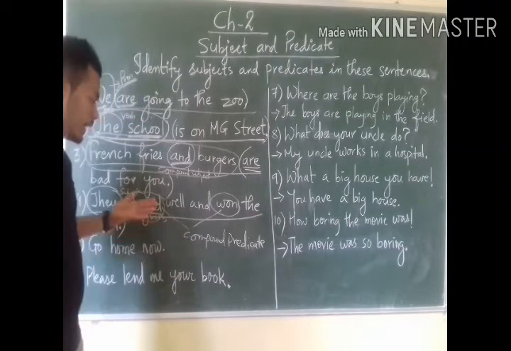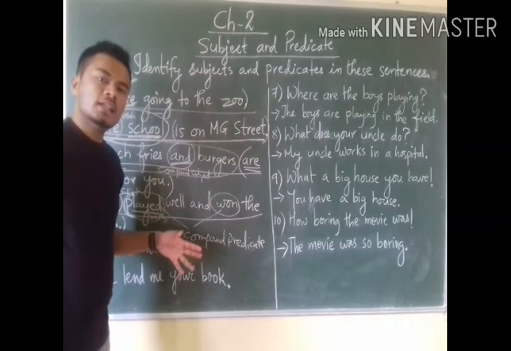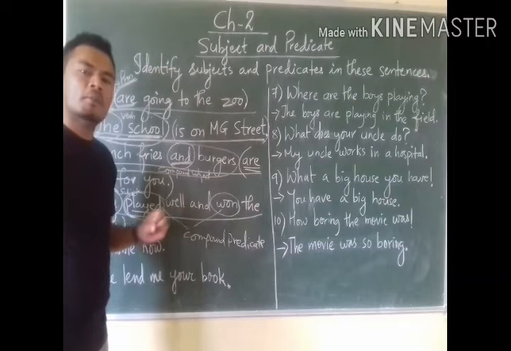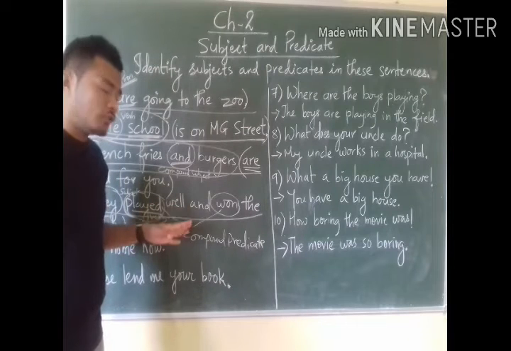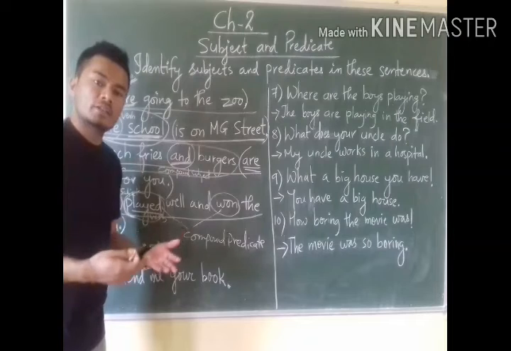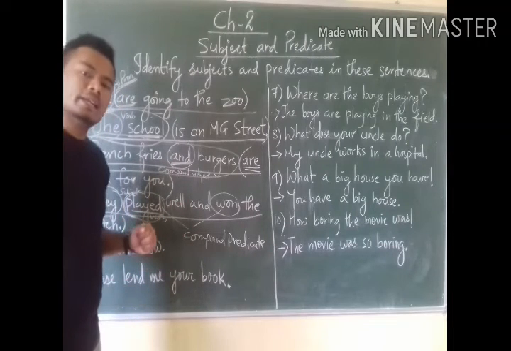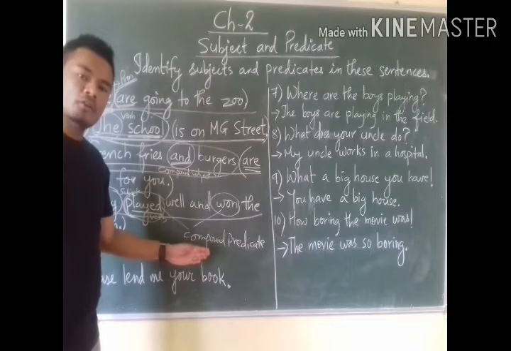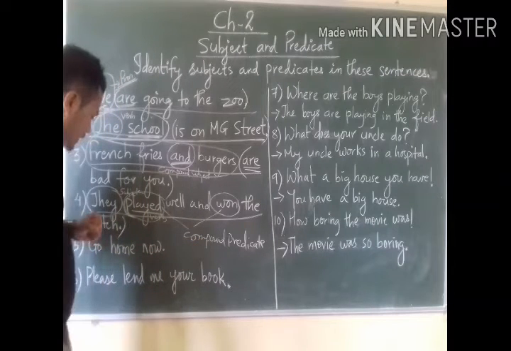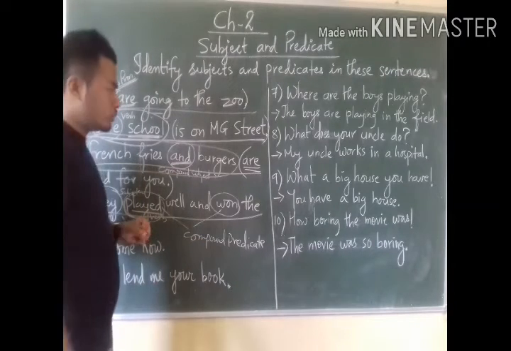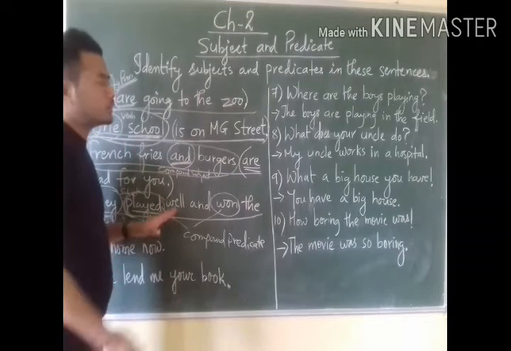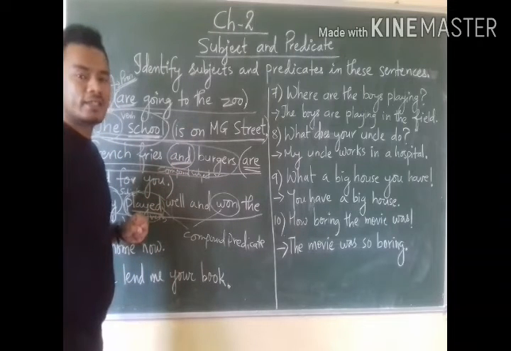In the same way, if the single noun or maybe the compound subject performs more than one action, more than two actions, then the predicate is also a compound predicate. Understood? But when we come to, see, these were about assertive sentences.